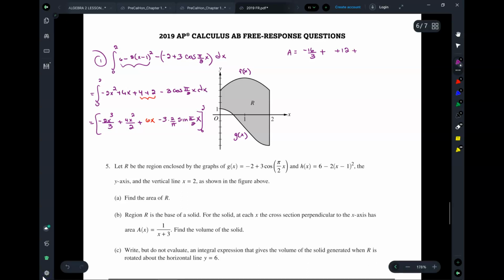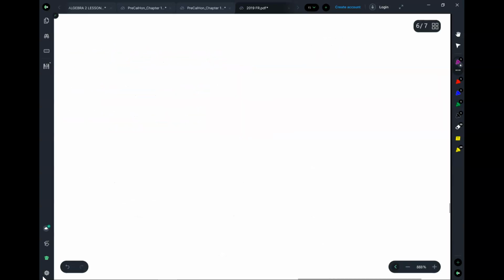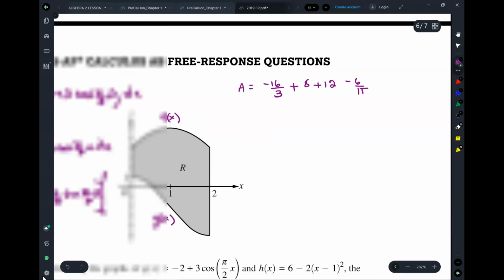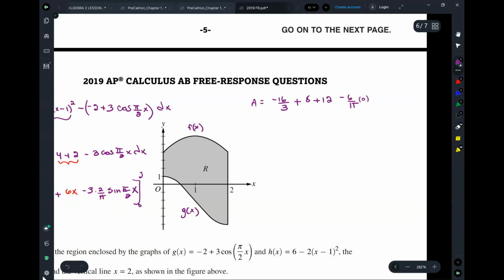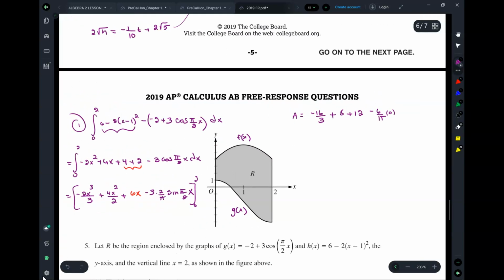Negative 16 over 3 plus 8 plus 12 minus 6 over pi. But what's sine of pi over 2 times 2? That's sine of pi, which is 0. So all that goes away. Sine of pi over 2. Right, but it's pi over 2x.